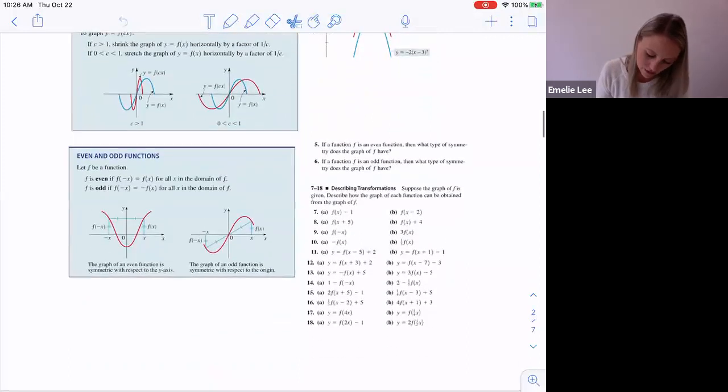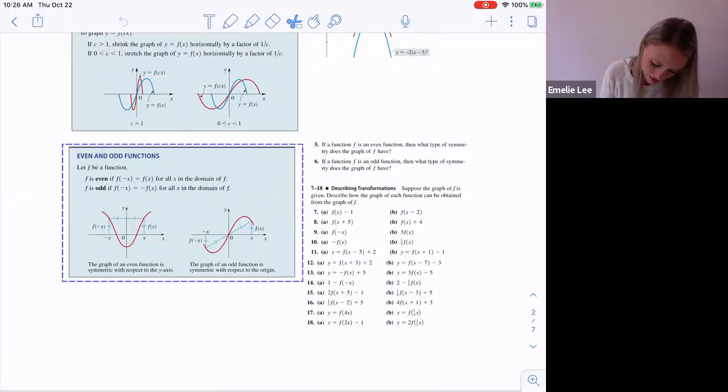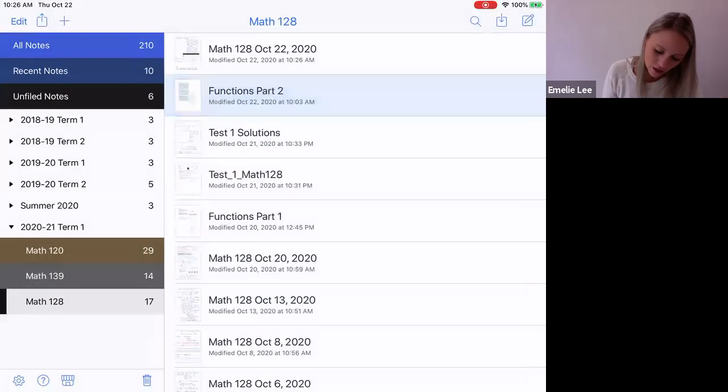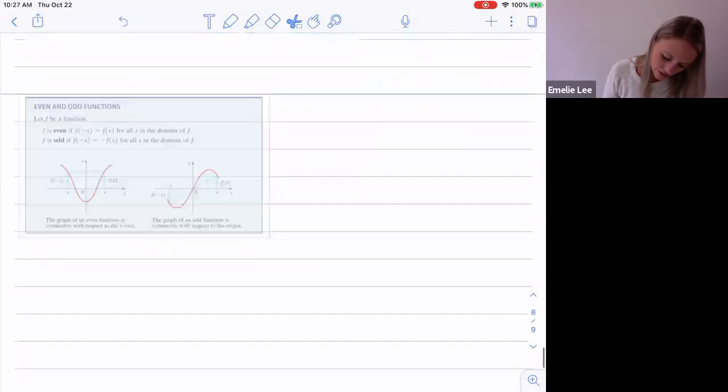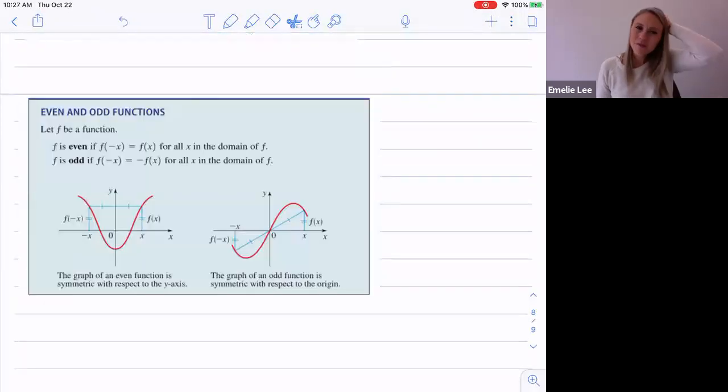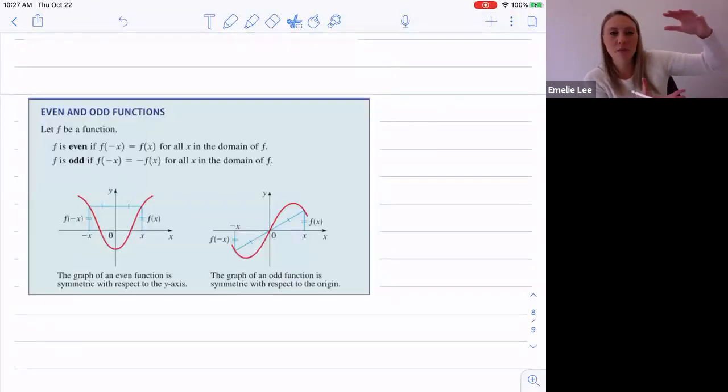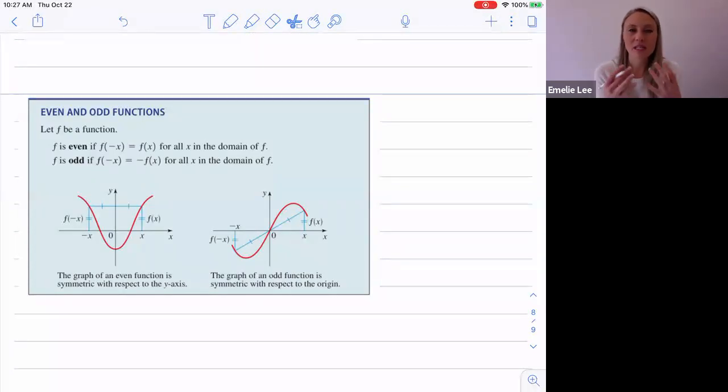So the last kind of concept here are even and odd functions. We've already talked about even and odd functions because I told you that in the general shapes of the graphs section, we've got these even powers of x. Well, if we've got even powers of x, then they're all going to basically look like this.